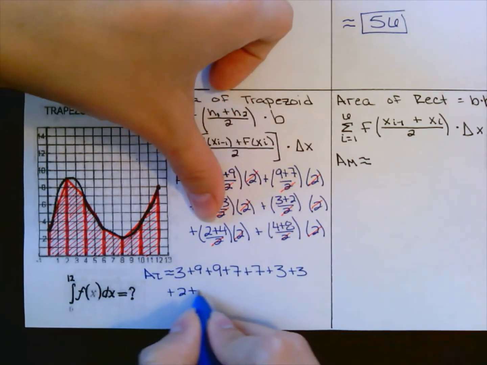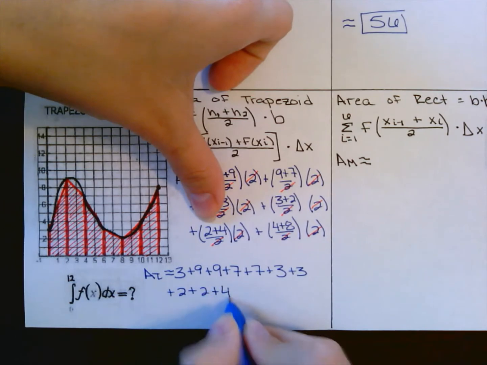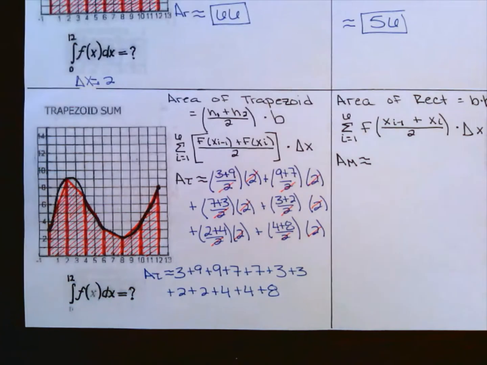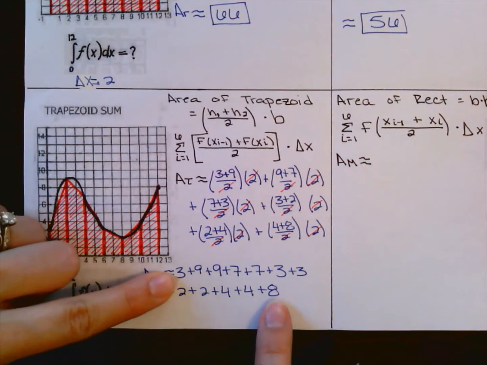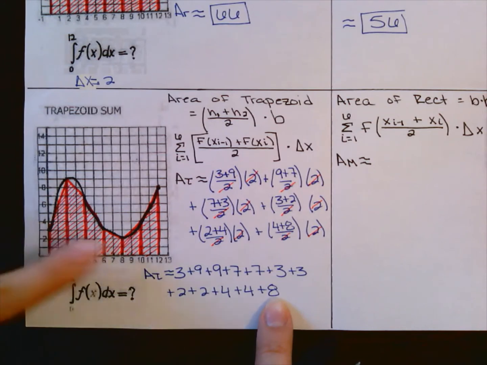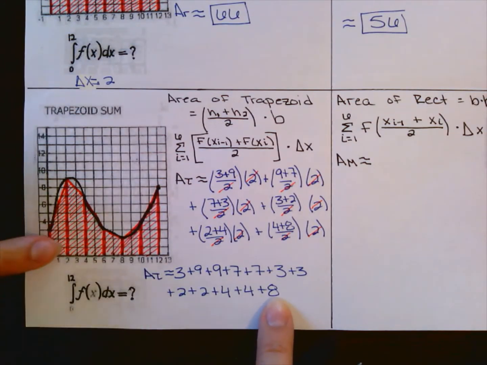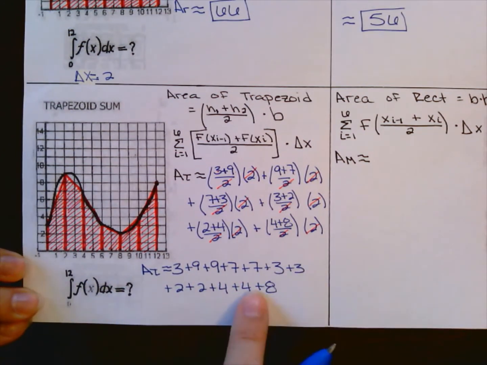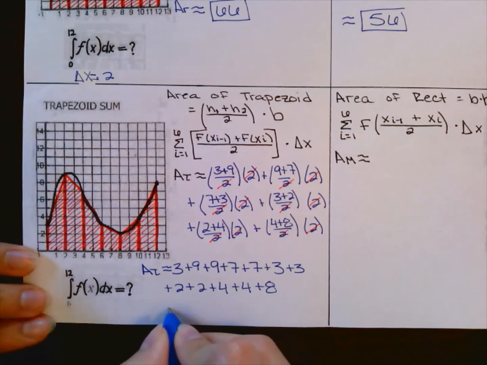The next one plus 2, plus 4. And the last one plus 4, plus 8. Every single time you do a Riemann sum for trapezoid, you're going to have the first number 3, whatever it may be, and the last one 8. And then notice, because I'm using this height for this trapezoid and this trapezoid, all of these numbers get written twice. That will happen every single time.